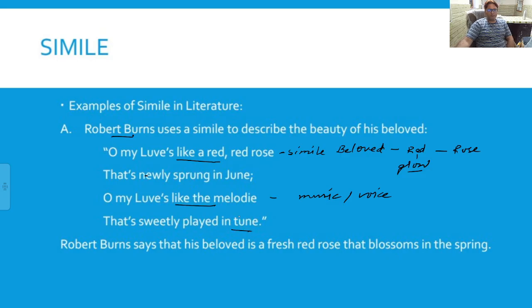So there is a similarity of musical voice. So he says that his beloved is a fresh red rose that blooms in the spring. The beauty of the beloved has been compared with the beauty of a fresh red rose. A beautiful stanza from a beautiful poem, and friends, this stanza is often asked in competitive examinations. So be careful. You might also get this stanza in your question paper.